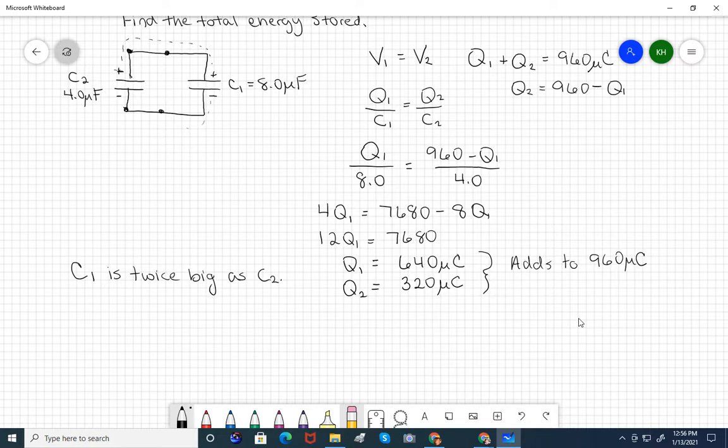We almost could have reasoned that out. If we have a total of 960 microcoulombs, the capacitor that is twice as big as the other capacitor has to have a charge twice as big as the other capacitor. The voltage can be found using V1 equals Q1 over C1.